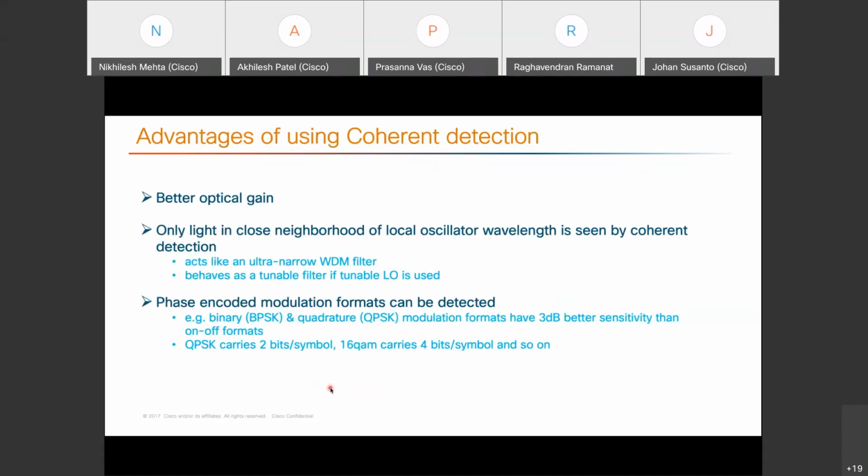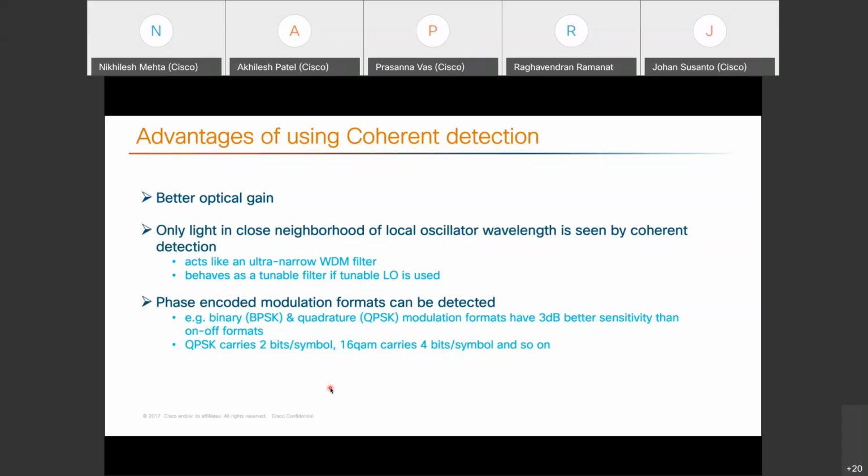Now, what are the advantages of using coherent detection? First, you get a better optical gain. The other thing is that only the light in the close neighborhood of the local oscillator wavelength is seen by coherent detection, so it also acts as an ultra narrow WDM filter. What I mean is, if you want to receive a particular wavelength, you can tune your local oscillator around that wavelength and you will be able to receive only that wavelength.